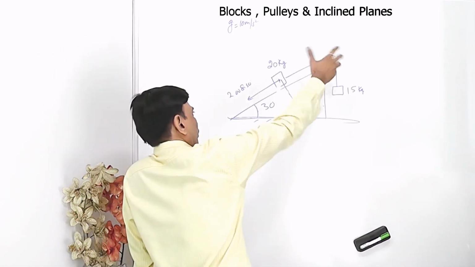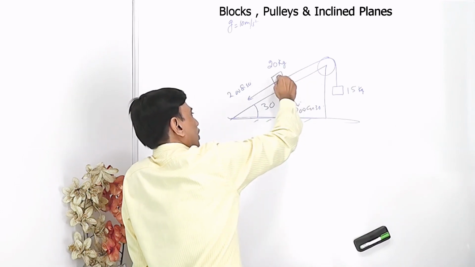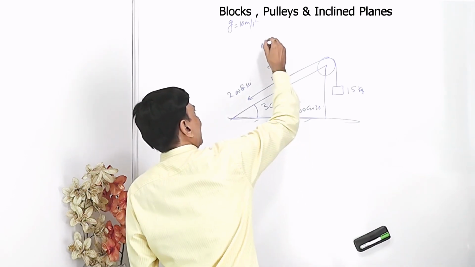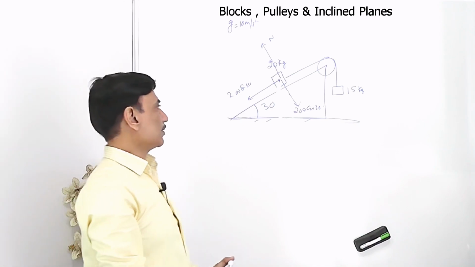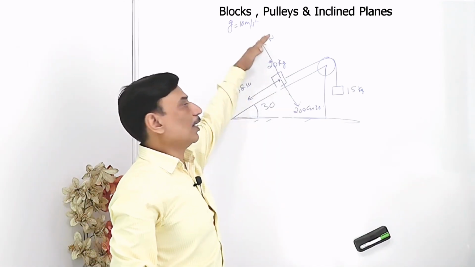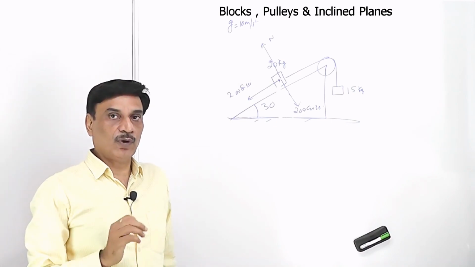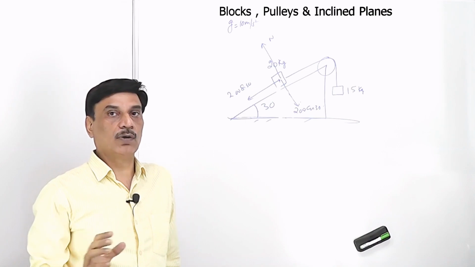Now whatever the motion is, obviously this block is going this way. Whatever force this is going to apply on this block, there is going to be a normal reaction applied by this inclined plane, and as a result this block will not be moving along this axis. The forces will balance. So let's focus our attention purely on what is happening along the string.